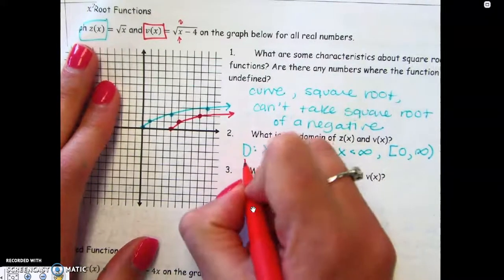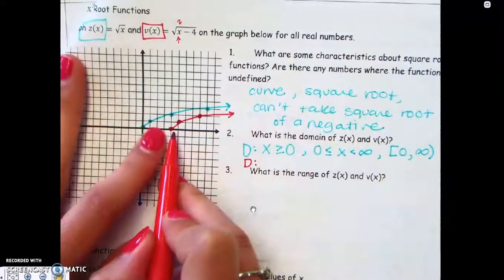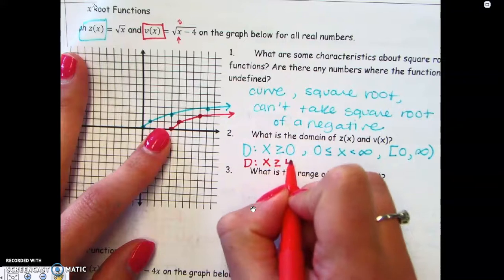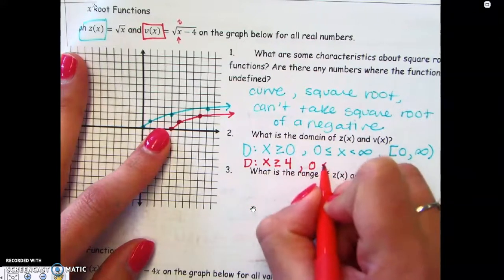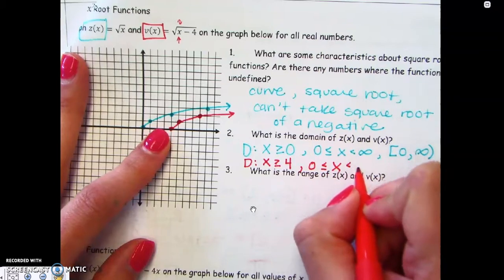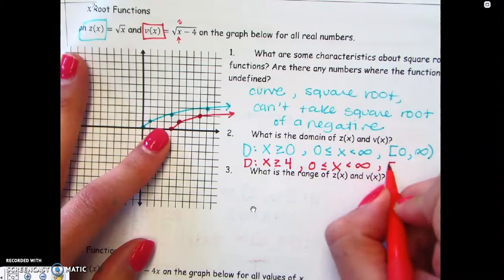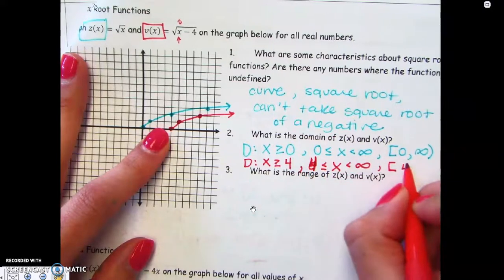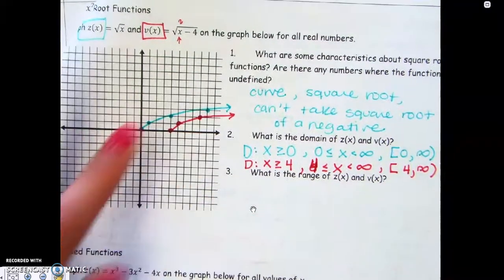And so for v of x, my domain for this one is anything greater than or equal to 4. So I could write x is greater than or equal to 4. I could write x is between 4 and infinity. Or I could write it as, oops, this should be 4, I'm sorry, 4 to infinity, or you could write it from 4 to infinity this way.